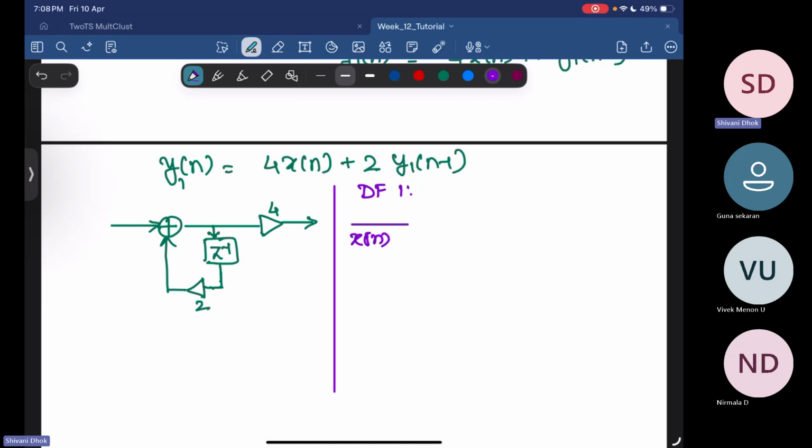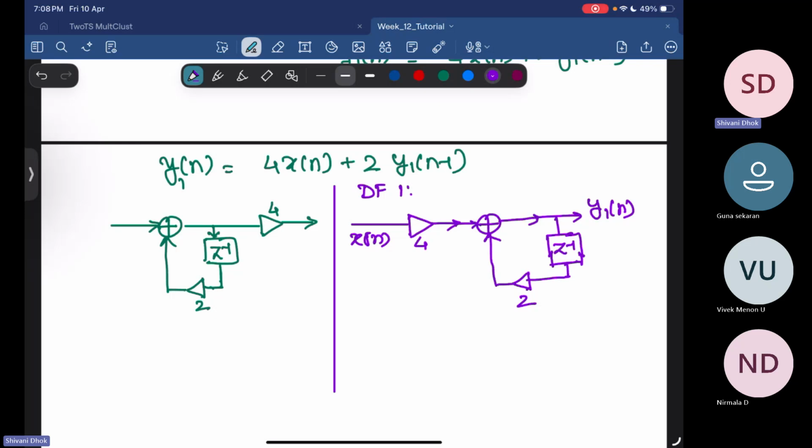Now you have 4 times x of n, and this gets added to 2 times y of n minus 1. Your output is y1 of n. This gets delayed and scaled by a factor of 2, and it gets added like this.